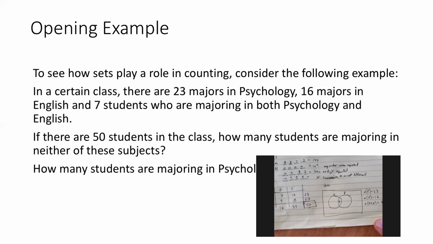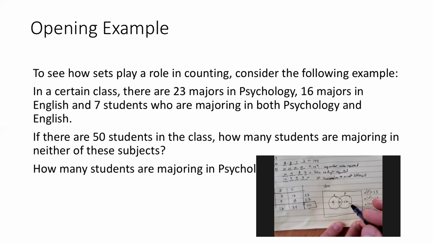We also know one other piece of information. We know the number in the universal set, the whole entire class, is 50. So we need to figure out the number in psychology. So in this case, 23 minus 7 gives us 16. And 16 minus 7 gives us 9. And so if we added those together, 9 and 7 and 16, gives me 32.